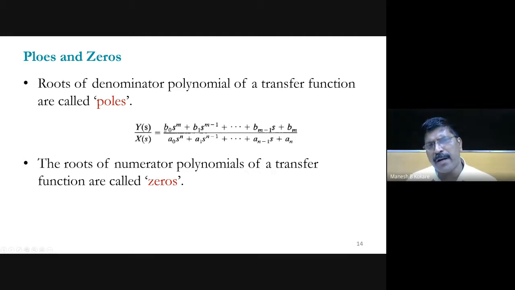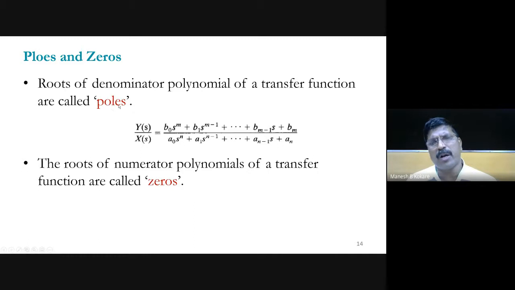Whereas this is the numerator polynomial of the transfer function, and if you find the roots of this numerator polynomial, these roots are called zeros. So the roots of the numerator are called zeros, and the roots of the denominator are called poles. Now we'll see the physical significance of poles and of zeros.